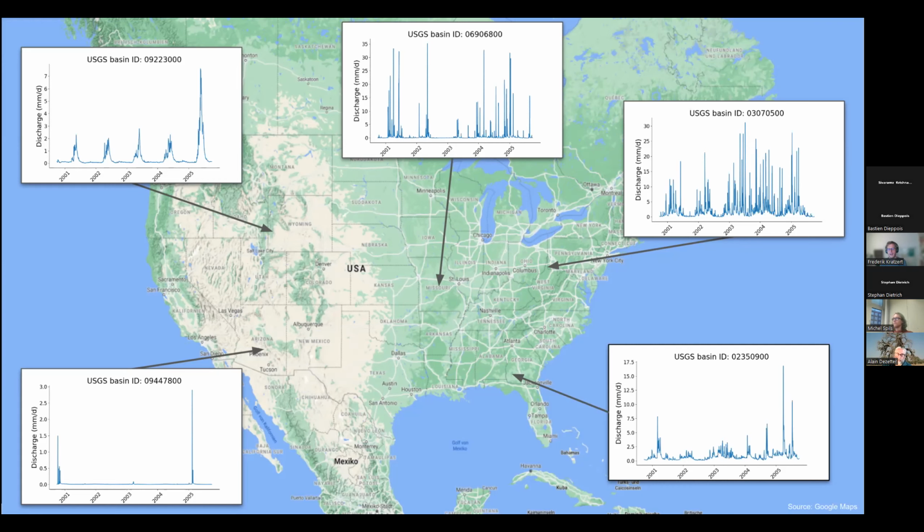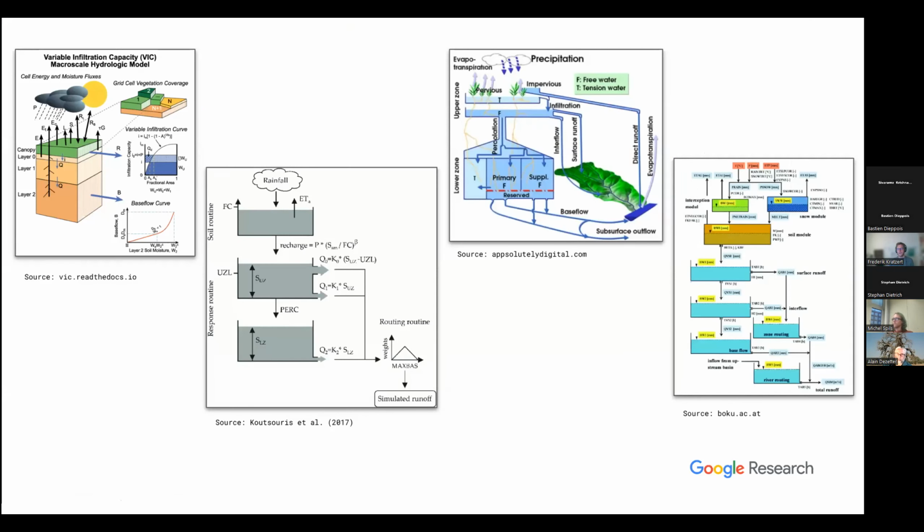OK, amazing. So going forward, there's a ton of hydrology models that have been implemented over the past, let's say, decades or even centuries. And most of these hydrology models are kind of bucket-type models, right, that conceptualize some of the processes that happen in the real world into really just a bucket, right?